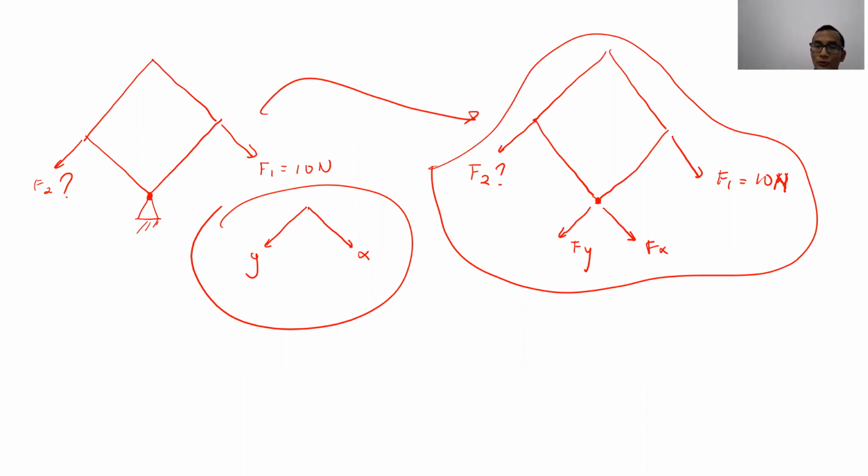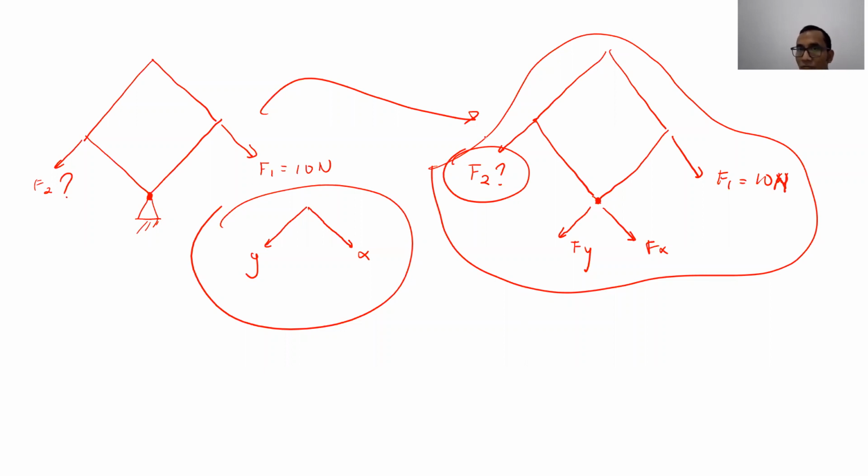Remember, we want to solve for F2. And the first thing that we're supposed to do is to draw the free body diagram. The next thing that we're supposed to do is what? We are talking about statics here.